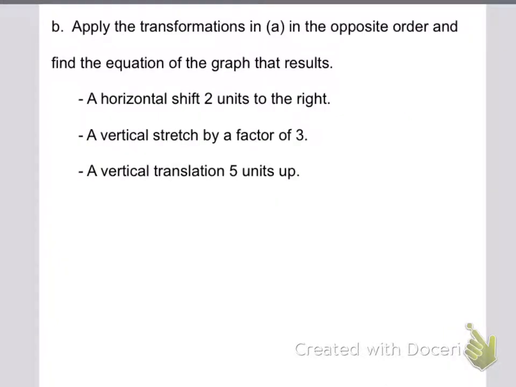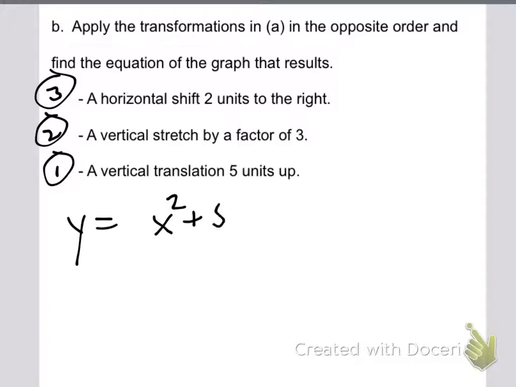Now the next one says to go in the opposite order. So what happens is we're going backwards. Okay, so now we're doing the vertical translation first. So first thing we have to do is the plus 5 first. Now we have the stretch.